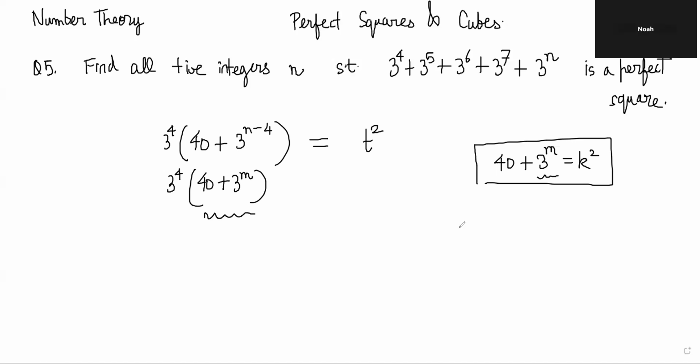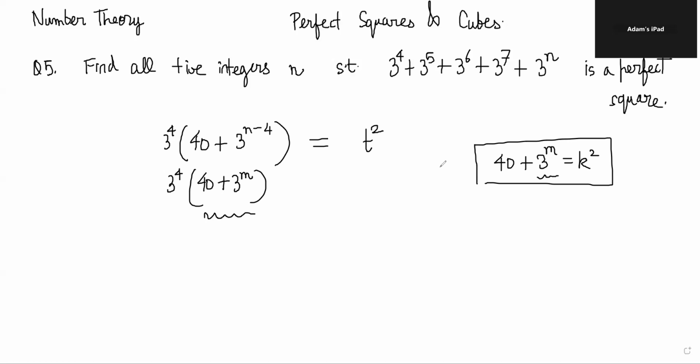I'm trying to think now, why did we say n is even, and then since m is n minus 4, m will also be even. Okay, how do you know that n is even?